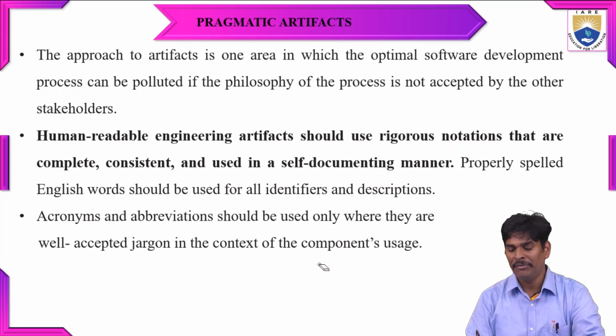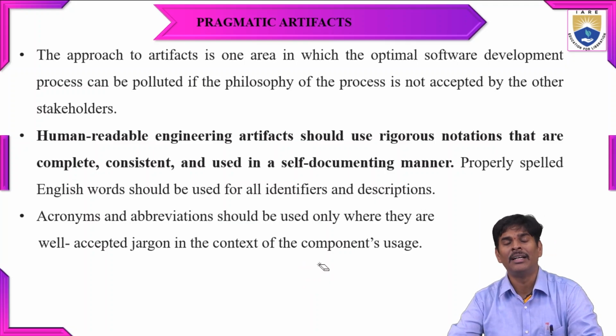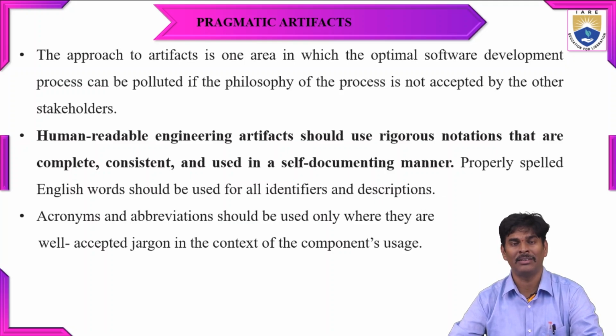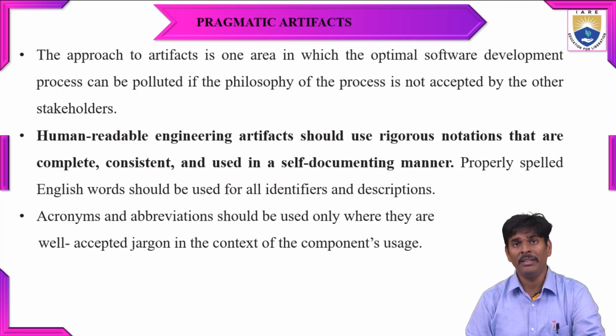So when we are writing a thesis or a paper, first we need to write out the abbreviations and acronyms for that particular sentence or word. It should be in English sentences, should be understood by all readers, and should not contain any jargon. So when we are reading the content, it should be complete, consistent and self-documenting. There should not be any jargon in the writing of the contents or the use of the components.